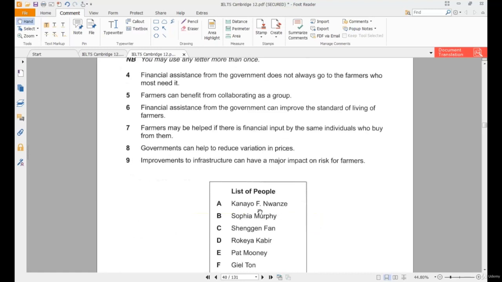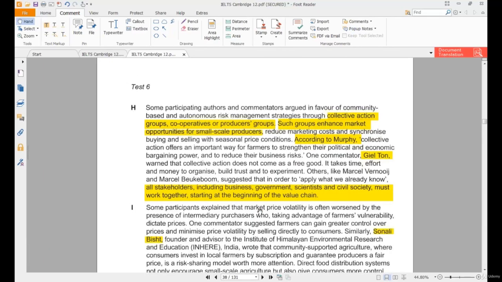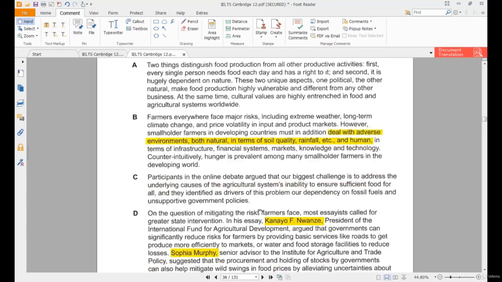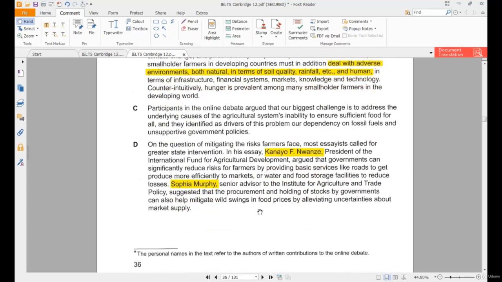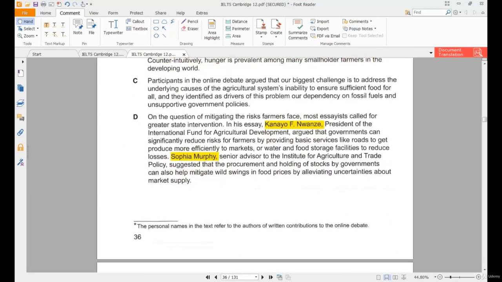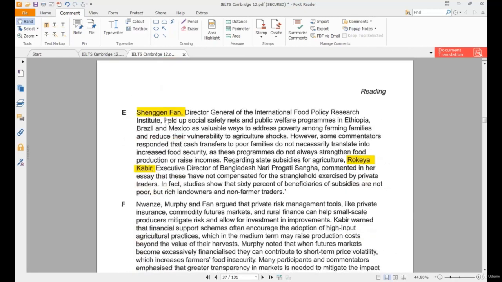For the matching question, all you have to do is locate the different people's names, right? So I've highlighted the names. Here we have Canayo. Here we have Sophia Murphy. Here we have Mr. Fan. We have Mr. Kabir.